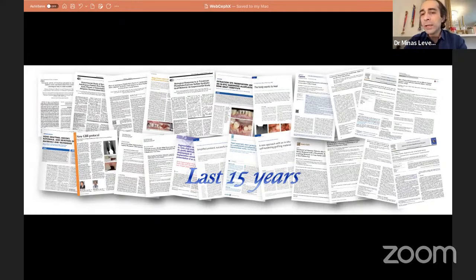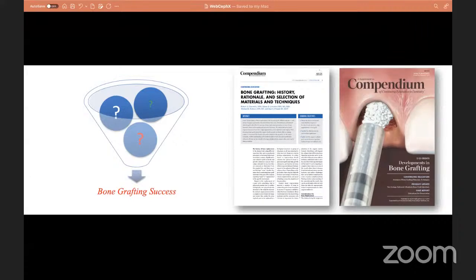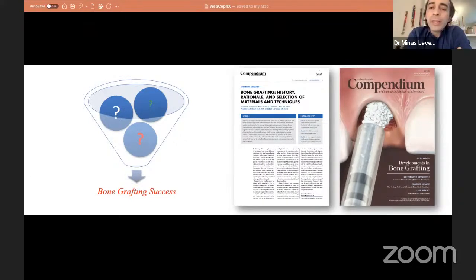And mostly everything is about bone grafting, about how we can regenerate high quality new bone. And what we try to do is we try to use synthetic alloplastic bone grafting materials. And I will explain to you our rationale and what we think, how they work, and why we believe that maybe it's the future of bone regeneration.